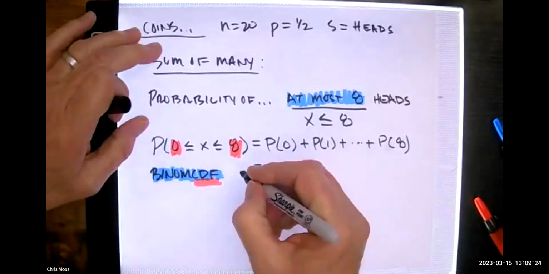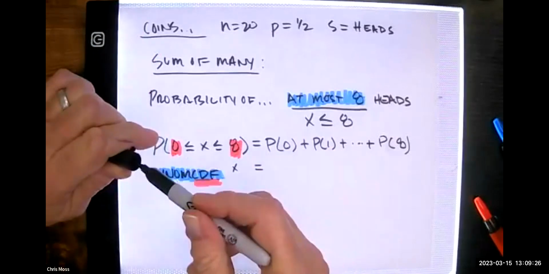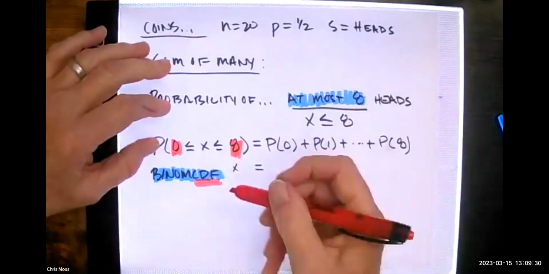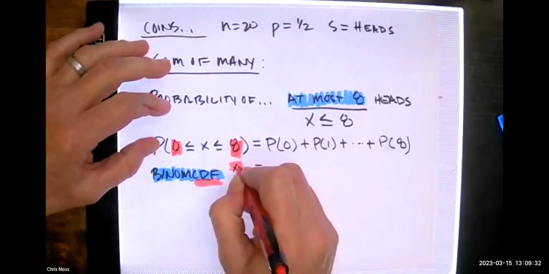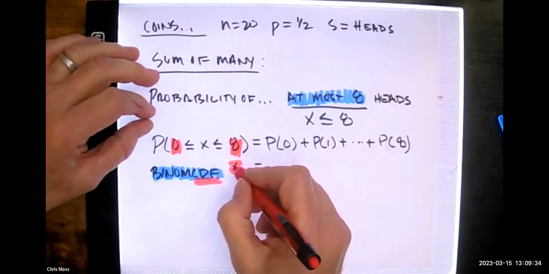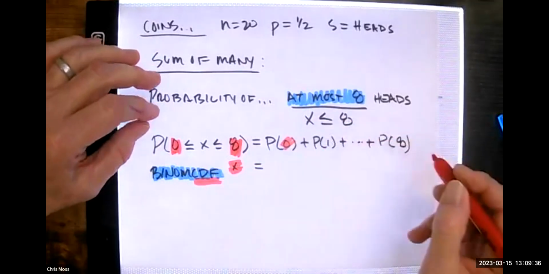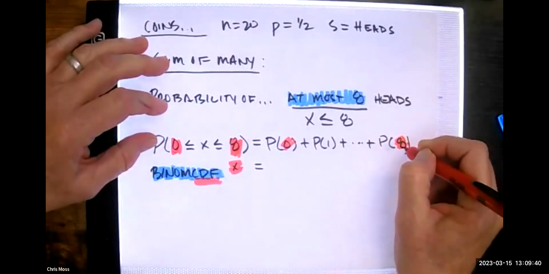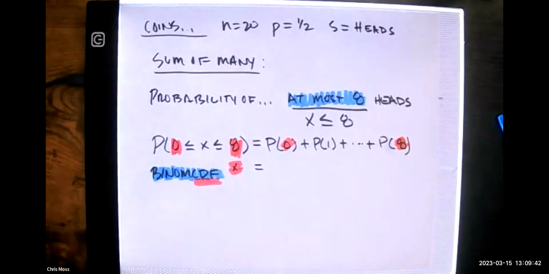That is the X that you see in the CDF tool. That is the X value that we need to place in. It will start at 0, and it will go until we tell it to stop. And we're going to tell it to stop at X equals 8 heads. So it's a subtlety, but it's important.